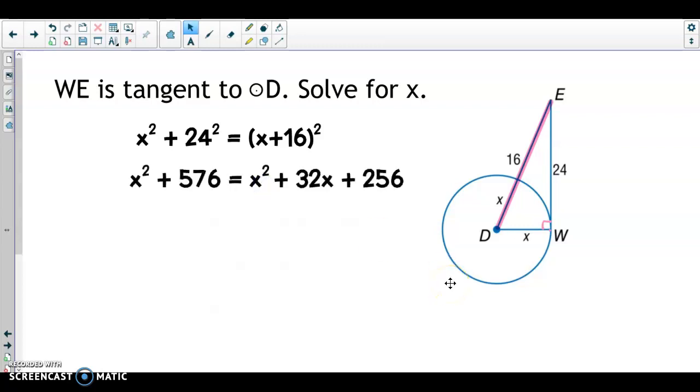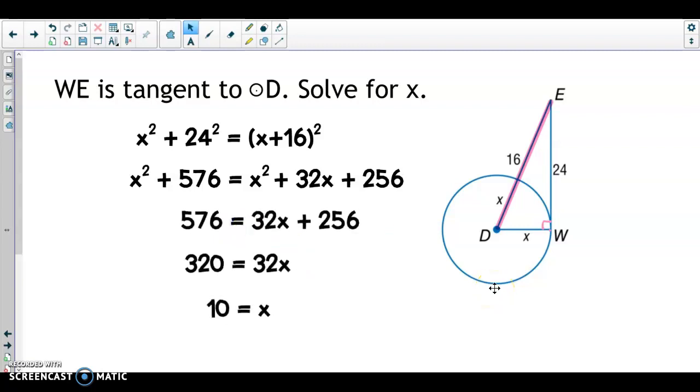Use FOIL if you need to, or use your patterns if you remember your perfect square patterns from Algebra 1. And then you can see that your x squareds, when you subtract them from both sides, are going to cancel out. And you'll just be left with the linear equation 576 equals 32x plus 256. Subtract your 256 and divide by 32 to solve that x is 10.